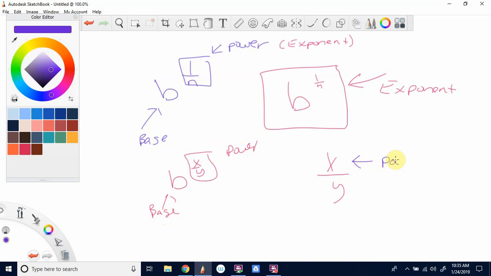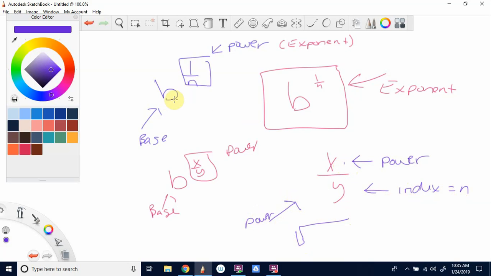This is going to be the power of the base, and this is going to be an index. So whenever you have a fraction as a power, this means you're going to have a radical sign. You're going to have a radical where index n is y, and this is the power of the base.